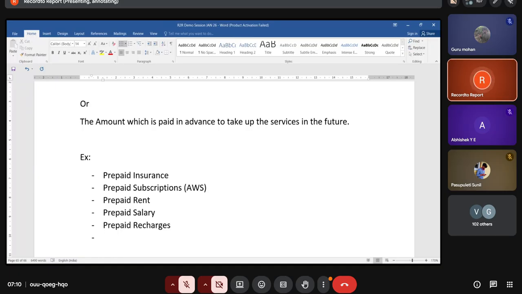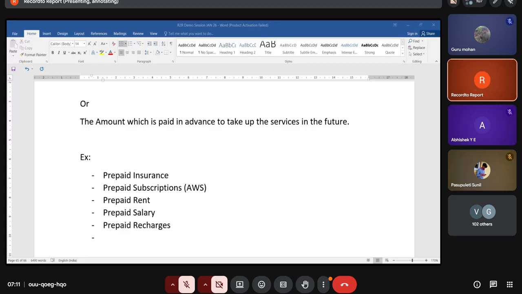Assume there is some maintenance. You will have a contract with the vendor who provides the maintenance services, and you will pay the entire year's amount in advance. Whatever problem happens, the vendor will provide the services.